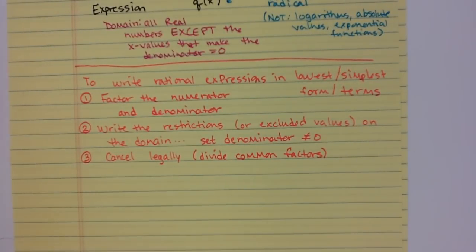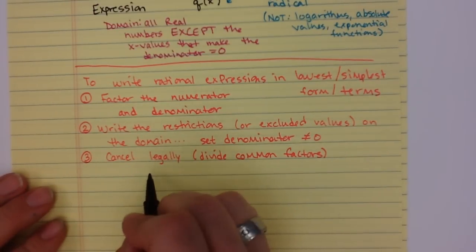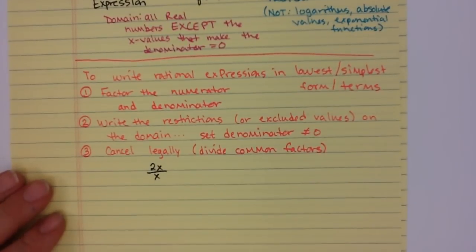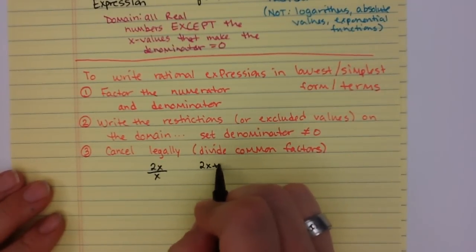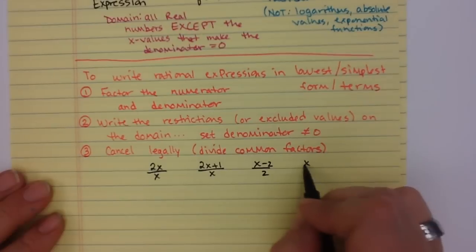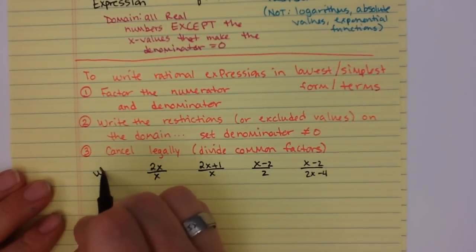So let's look at some examples of what cancels, because we usually make lots of mistakes when working with canceling legally. It gets a little bit overwhelming about what can cancel. Here are some examples, and I want to know what cancels.